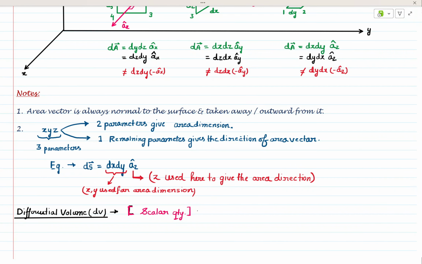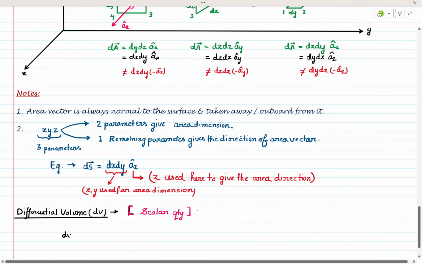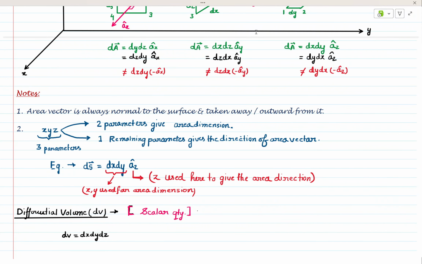See, dv is nothing but dx dy dz. And it doesn't have any direction because differential volume is a scalar quantity, not a vector quantity.